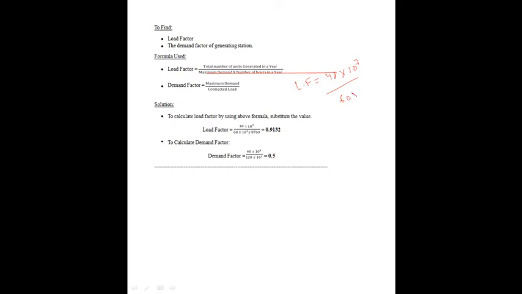It should always be in kilowatt, so we are converting 60 megawatt into kilowatt. Then we multiply with the number of hours in a year, 365 into 24, which comes to 8760. So after solving you will get the answer 0.9132.